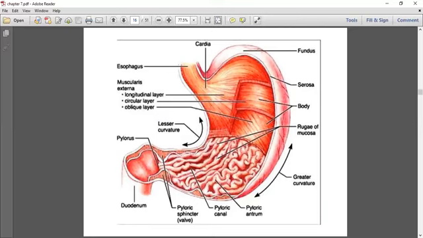The fundic region or fundus, the body from here until here, and the last region of the stomach, which is narrow, called pyloric or pylorus region, contains a sphincter, a valve composed of circularly arranged smooth muscle, playing a role in pushing the food from the stomach to the duodenum.